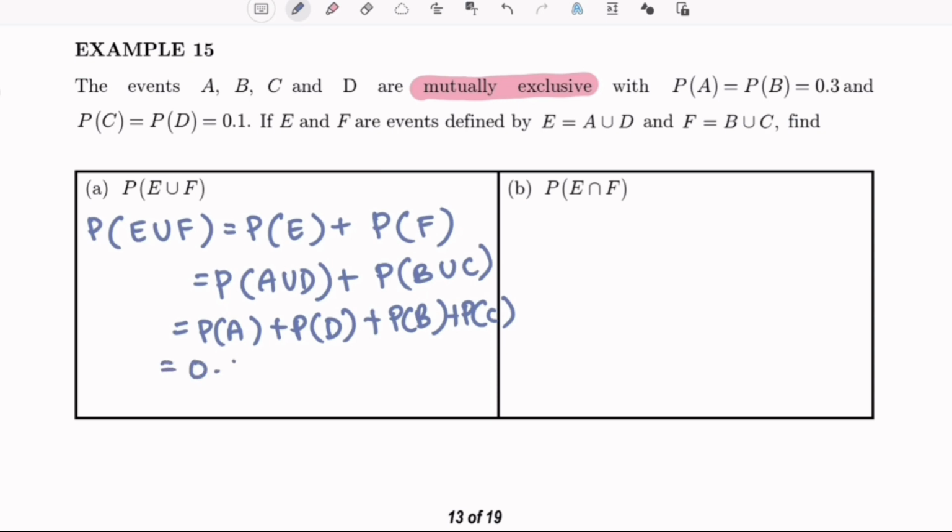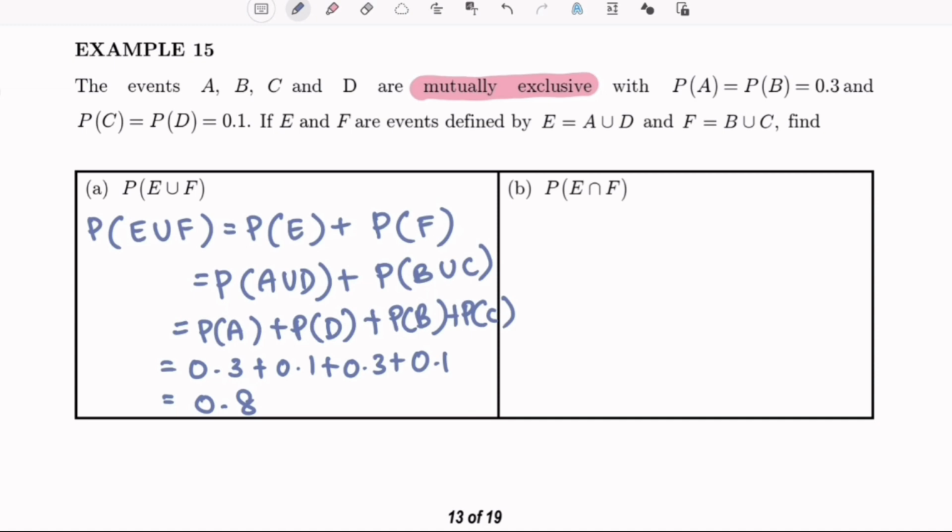So substitute the values, and you get 0.8.